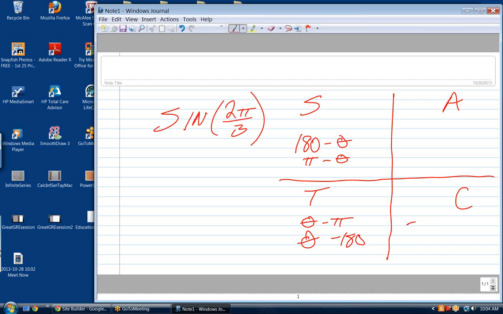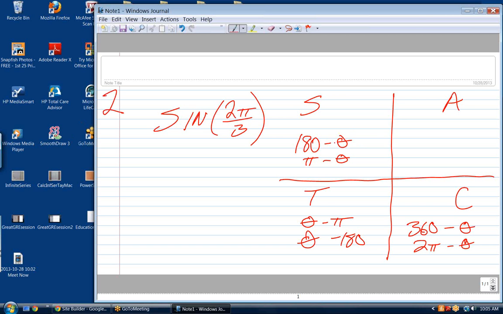Between this information that I'm writing on there, you can figure out the value of any trig function as long as you know the first quadrant values. What quadrant is this in? Second.